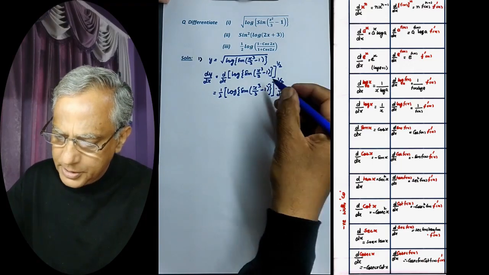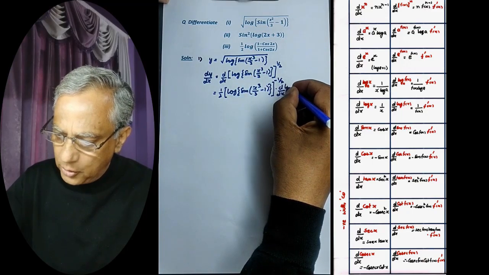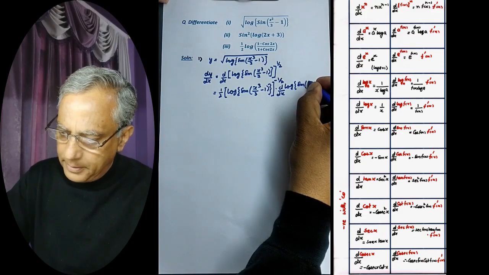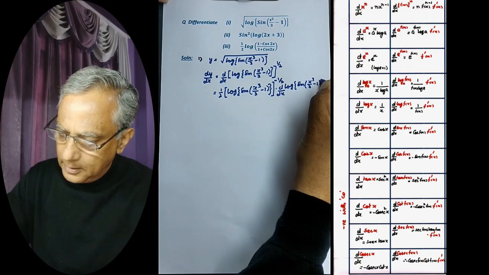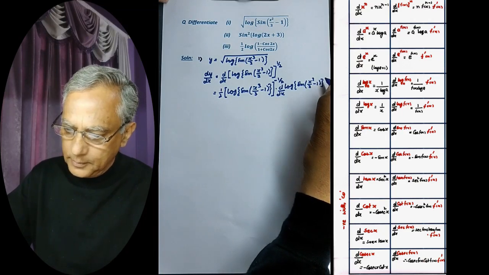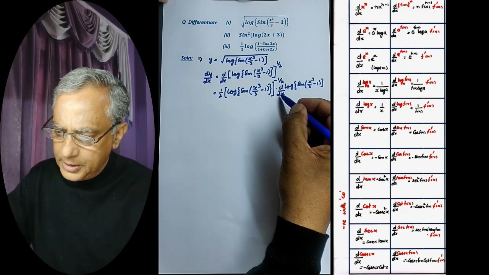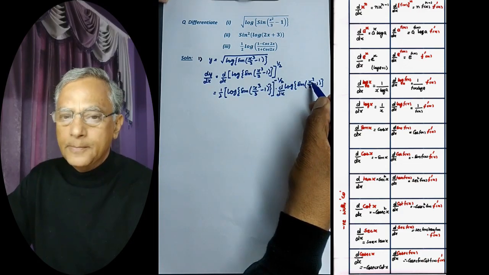So this is the inner function. So we multiply by the differentiation of this function, log of sine x cube by 3 minus 1. We multiply by the differentiation of the inner function, and inner function is log sine x cube by 3 minus 1.